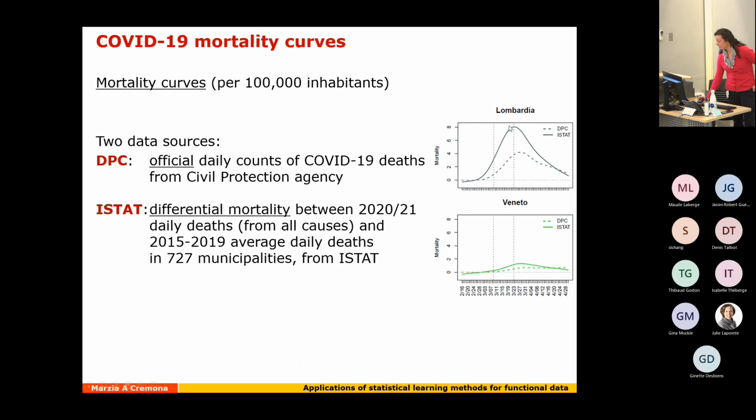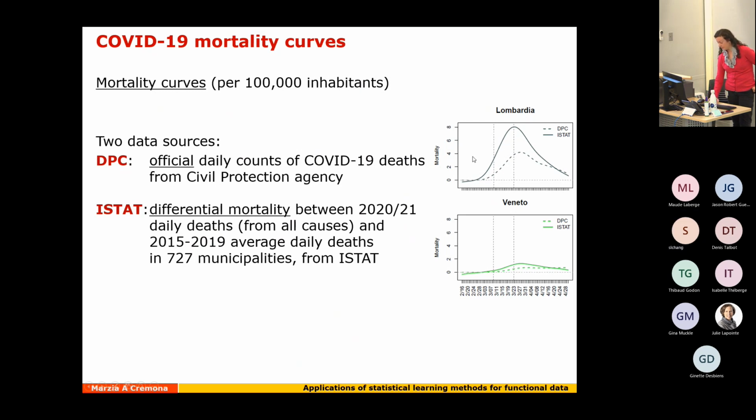In these two figures, you see two examples of the two regions where everything started. The dashed line is the official data, and the solid line is the differential mortality data.